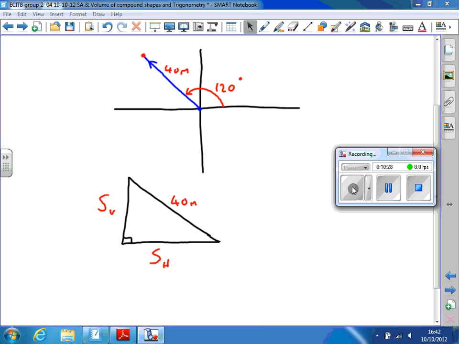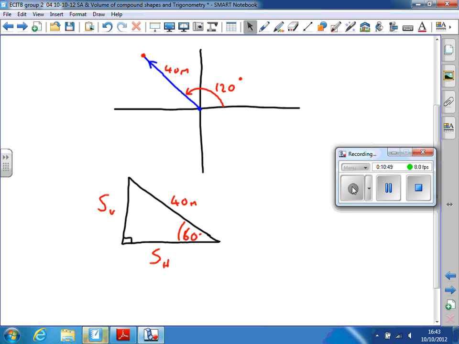What's the angle? Right, yeah, 60 degrees. So in other words, to find the vertical and horizontal components, we're not using the 120 degree angle. So drawing it out helps us to see the angle we actually need, which is the 60 degree angle.